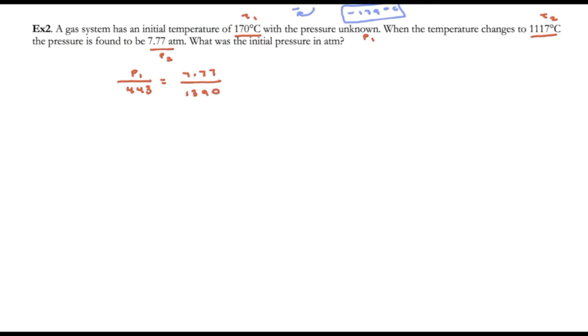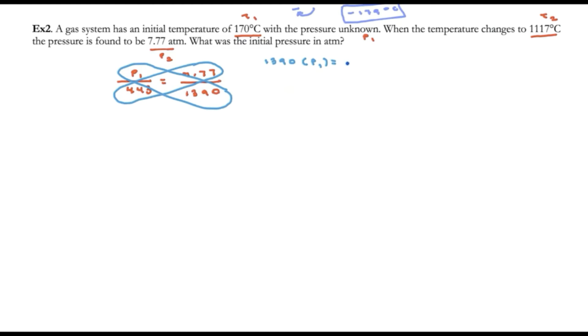And now I can solve this. So I'm going to cross multiply. So 1,390 times P1 equals 443 times 7.77.